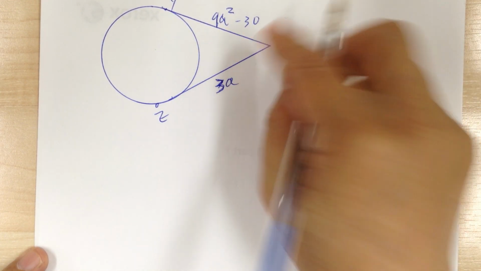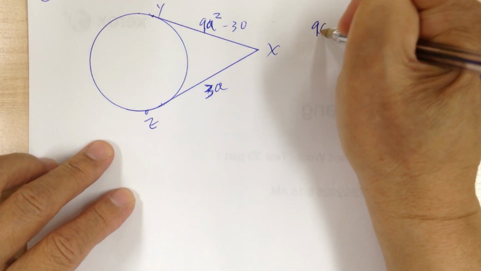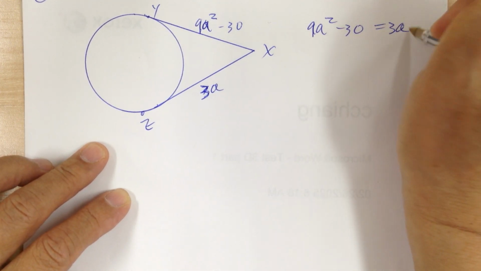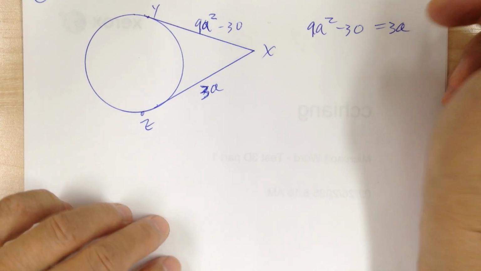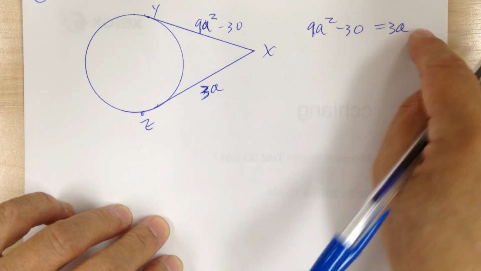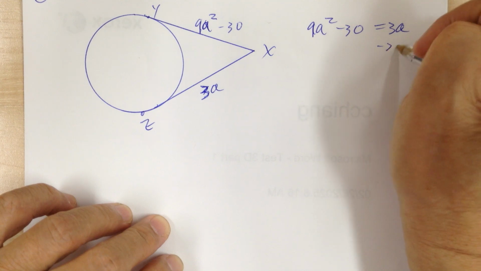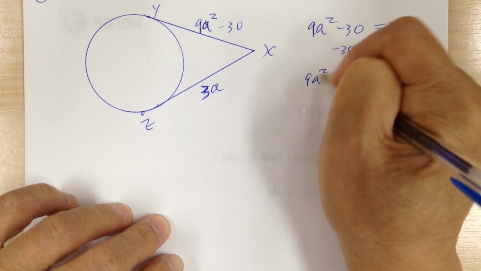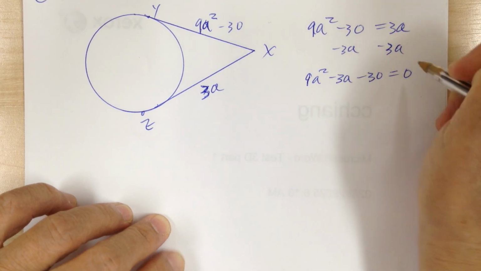So you just set them equal to each other and solve. So you got 9a squared minus 30 equal to 3a. Then from here you solve this, so let's move this over here. You got minus 3a on each side, so you got 9a squared minus 3a minus 30 equal to 0.